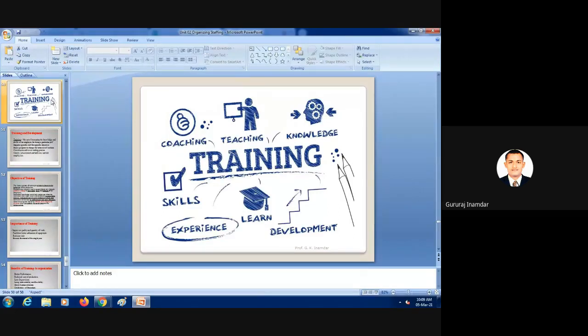So in training, coaching may be there, teaching may be there, knowledge you have to give. Is it right? And different courses. Suppose, for example, skill oriented courses may be there. Okay, for example, in industry, computer operating. This is very simple, but as per that knowledge, suppose in that particular industry the Excel command is required.